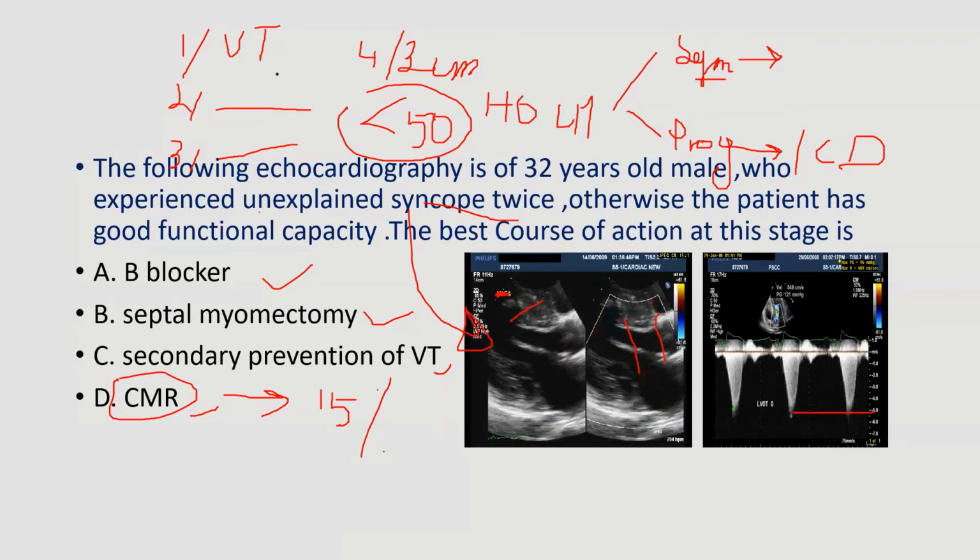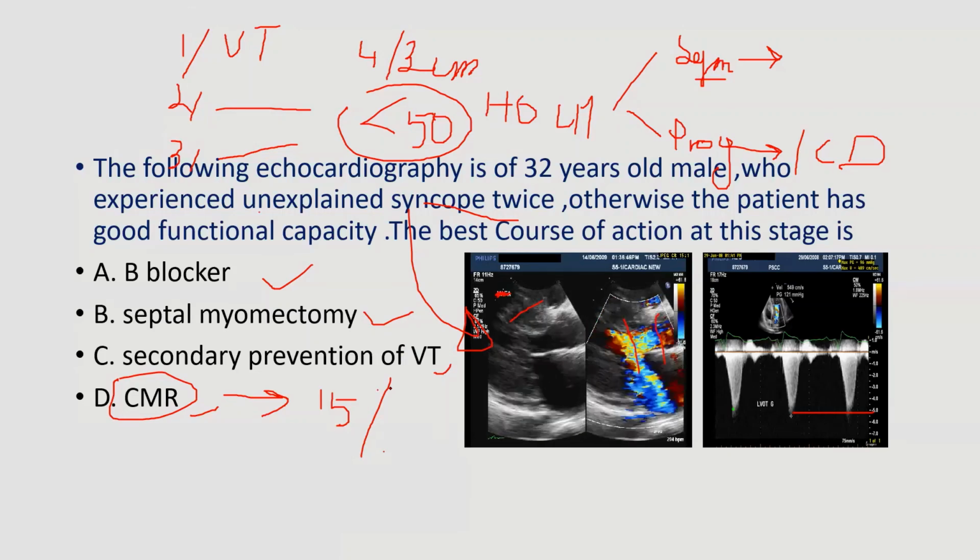So we have Holter features, clinical features, echo features, MRI features. And we have a scoring system, then you decide whether to go for ICD or not. But I wish you knew these high risk features by heart. The clinical ones, the ECG ones, the Holter ones, the imaging ones, you have to.